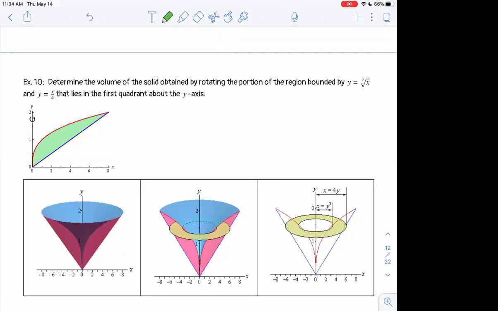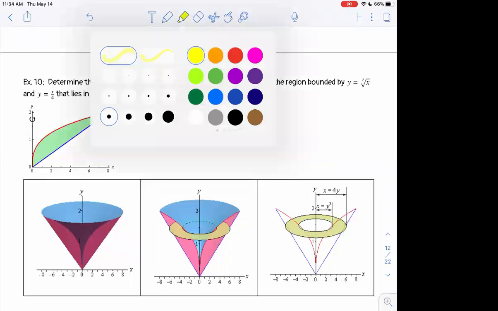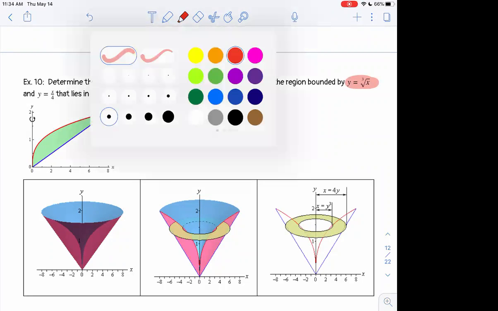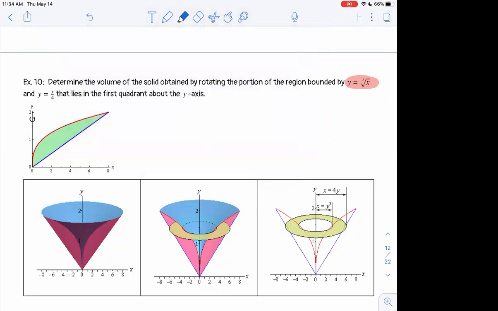So we've got two functions here. We've got y equals the cube root of x, which corresponds to the red line in the graph below. And we have the line y equals x over 4, and that is representative of the blue line in that first diagram, okay?